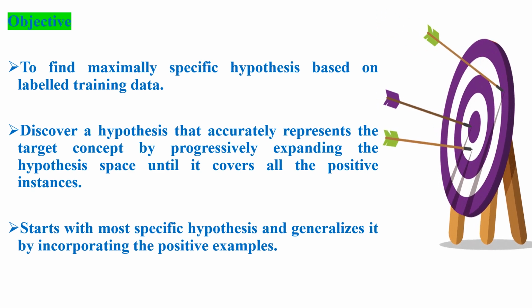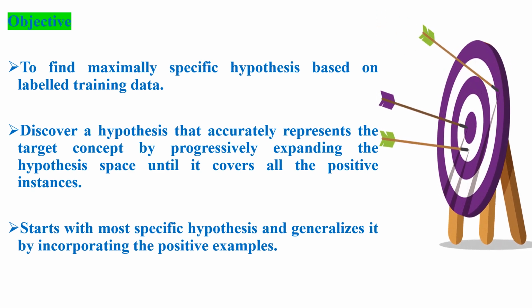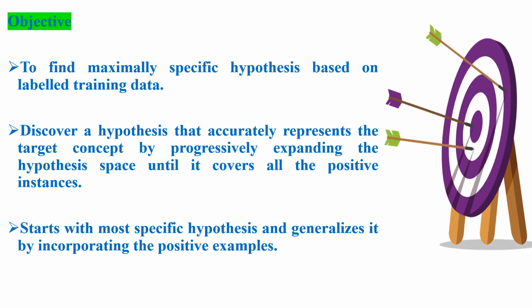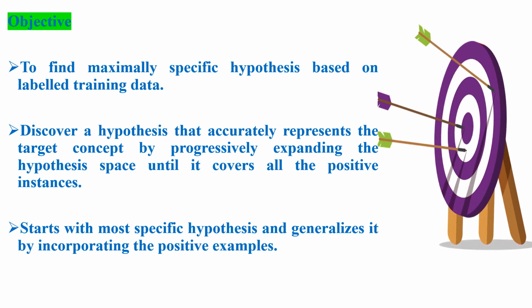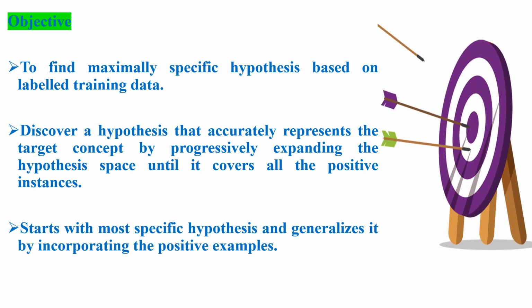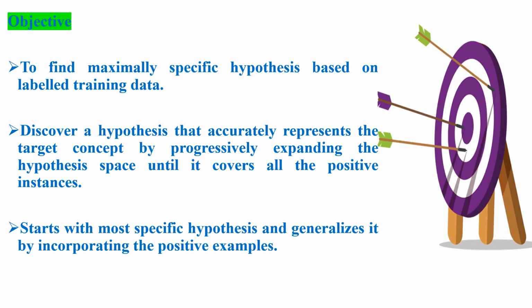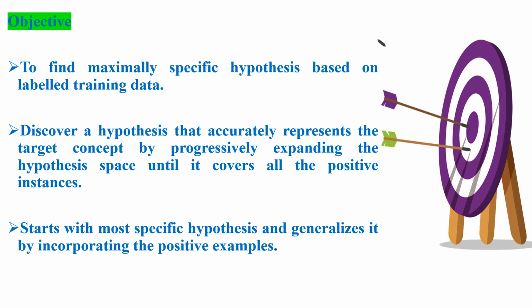So basically Find-S algorithm is going to give you a conclusion of the hypothesis and assumption, in which feature is heavily contributing for identifying or predicting the given input. That is the job of Find-S algorithm. So the maximally specific hypothesis based on labeled training data should be identified at the end of Find-S algorithm.